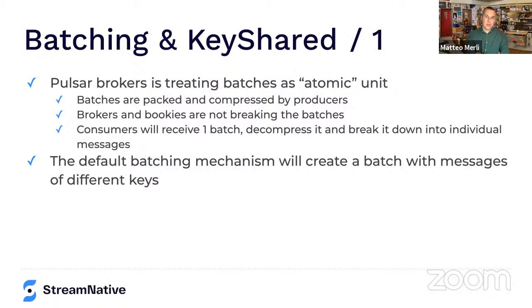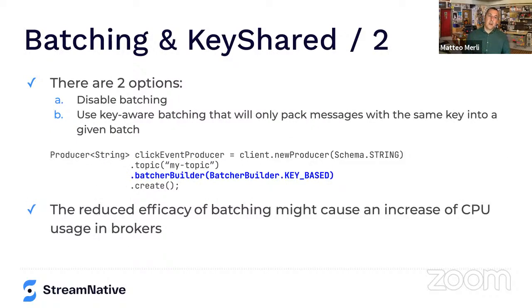So it's a bit of an issue here, but there are two solutions to this. One is to disable batching. That works. It will increase the CPU, as we said, because there is more work to do between client and brokers and bookies, and there is less compression.